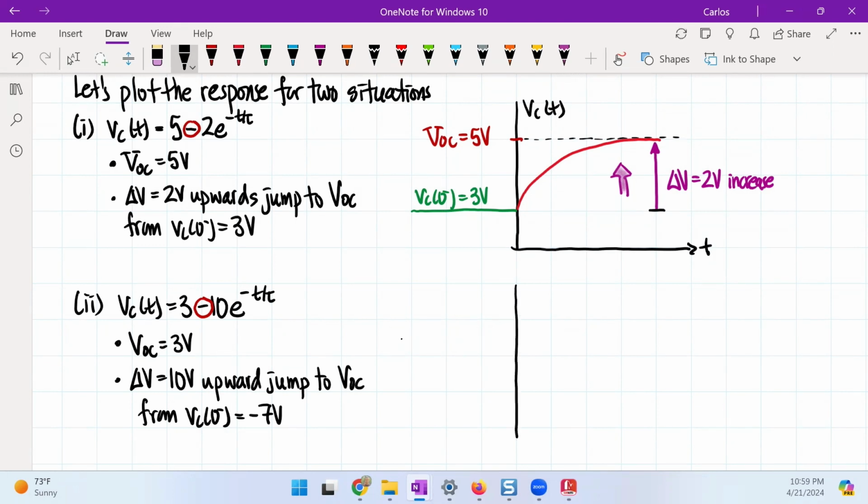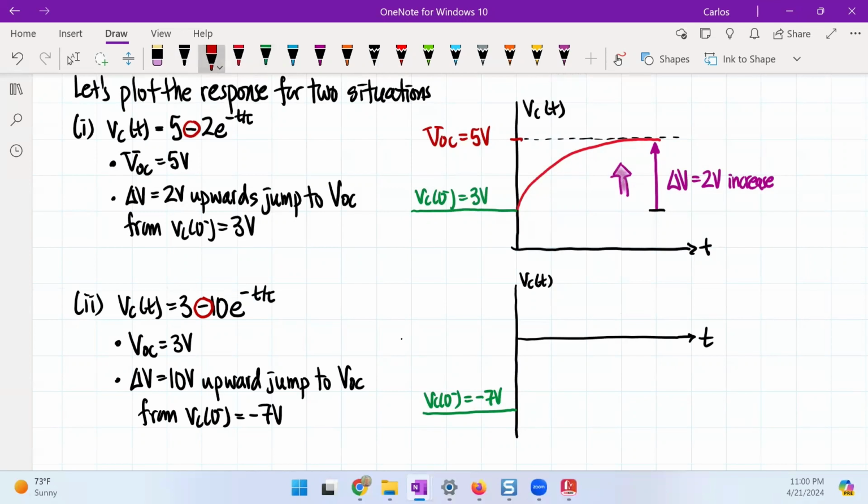I can imagine that I have, not a circuit, but a graph that's going to look like this. So again, I'm plotting VC of t, and of course this is my time. My initial voltage shows that I'm at a steady state, and this is VC of 0 minus, which is minus 7 volts.